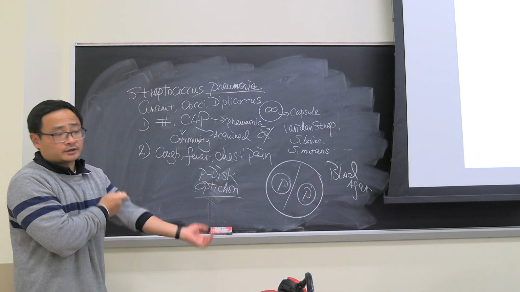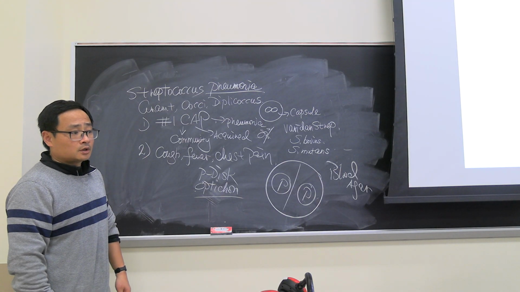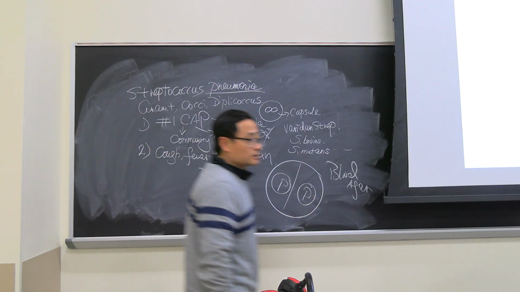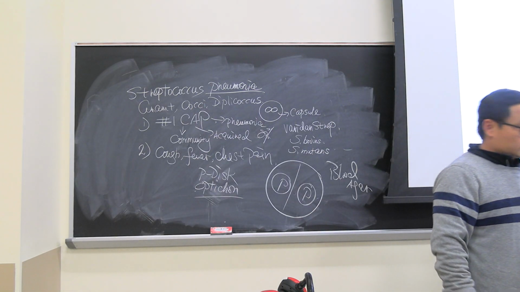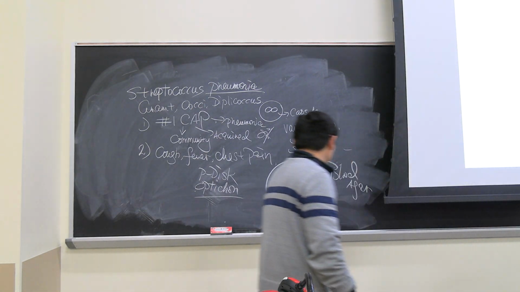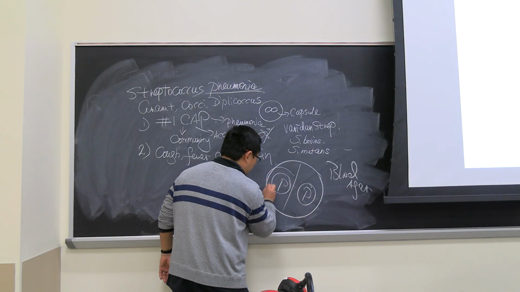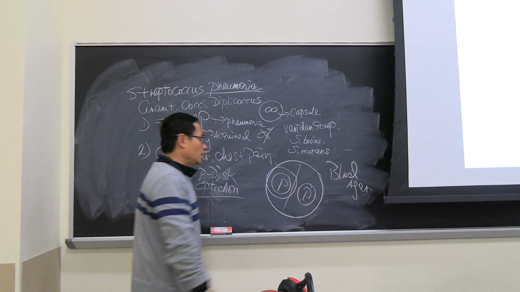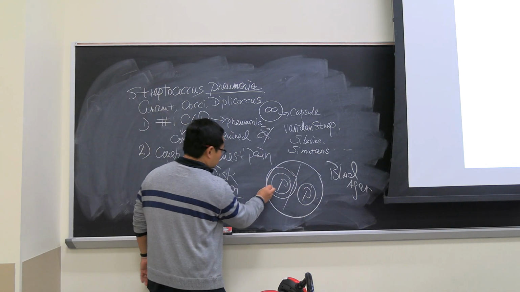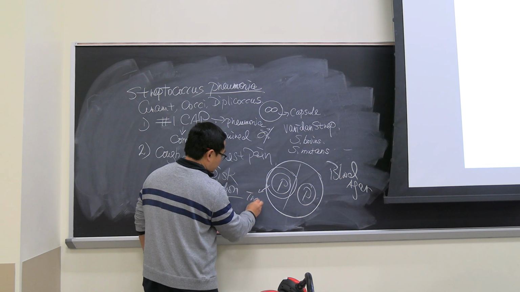And what we find is very interesting. Streptococcus pneumoniae is susceptible to optochin, which means you see a transparent zone.